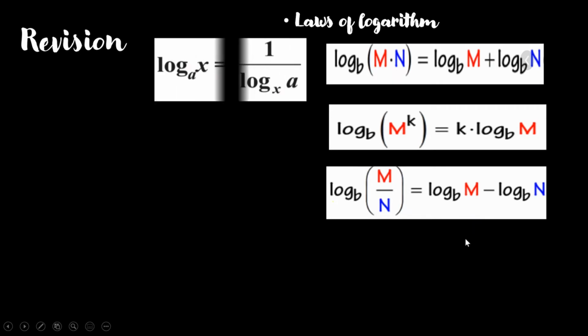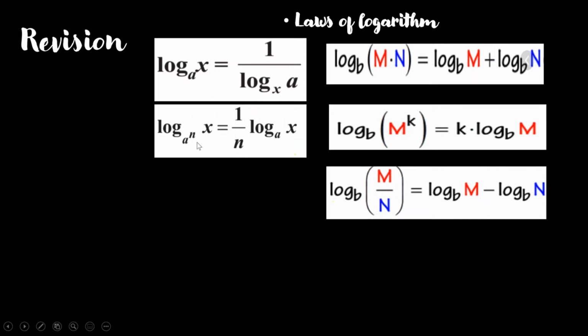Apart from these laws, we had also discussed that if we want the argument and the base of log of x with base a to be interchanged, then we write the reciprocal, which will be equal to 1 by log of a with base x.